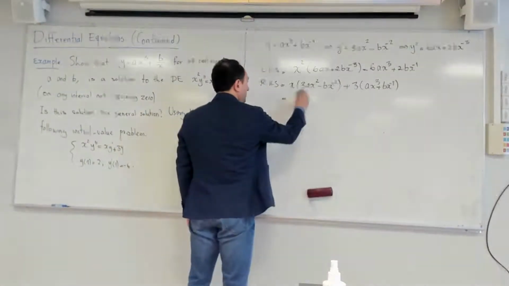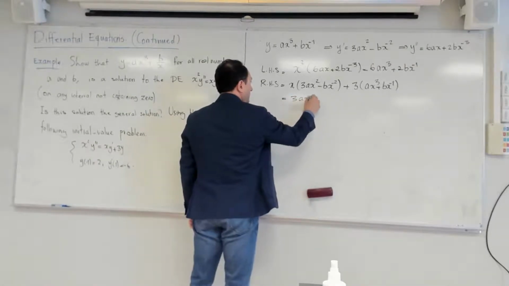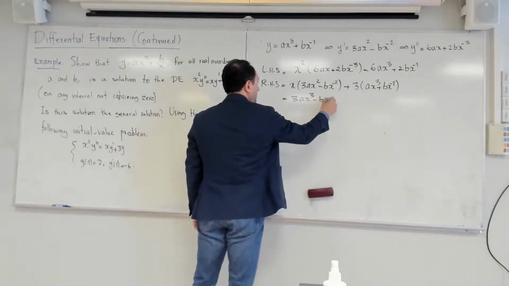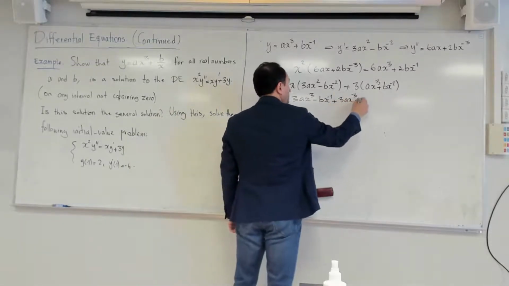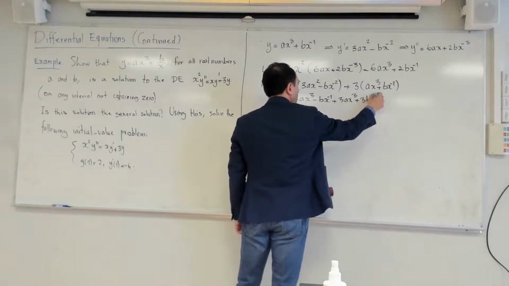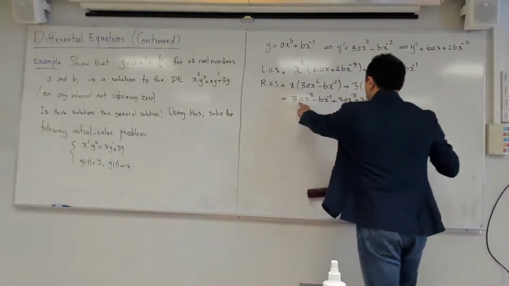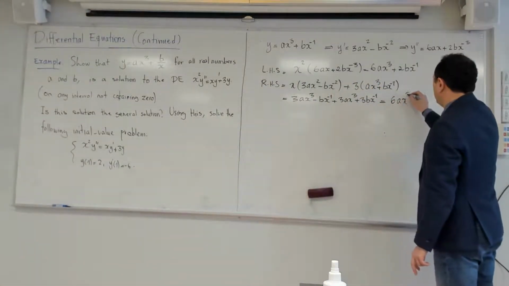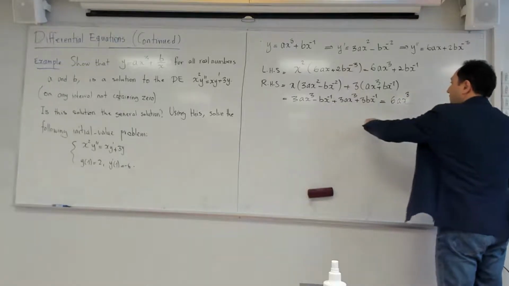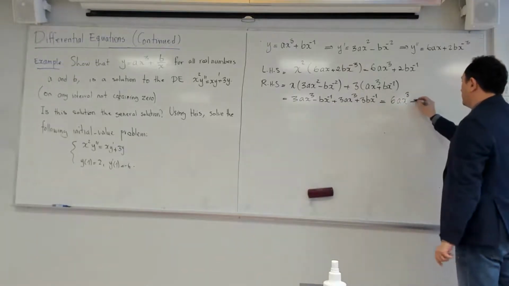So let me multiply these things. It becomes 3ax cubed minus bx to the negative 1, and then I have 3ax cubed, and then plus 3bx to the negative 1. So this 3ax cubed plus the other one becomes 6ax cubed. And then I have minus 1 of them with 3 of them, so it becomes 2 of them.